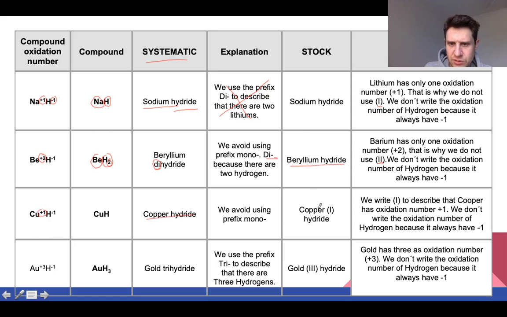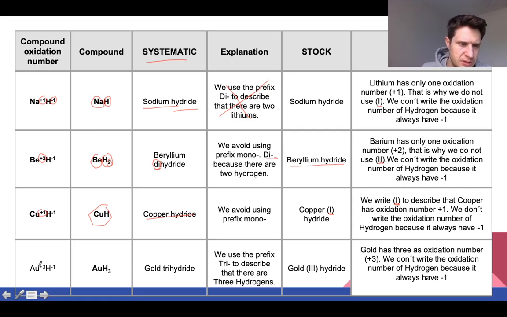Stock nomenclature: here we have the oxidation number of copper in Roman numbers, so we write it. In this case, we write it. So the scientific person that is reading copper(I) hydride knows that copper has oxidation number 1 and hydrogen always has 1, so it has to be this way.